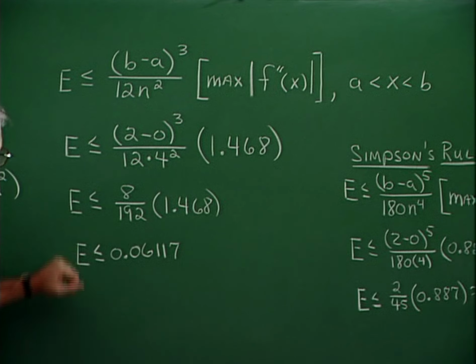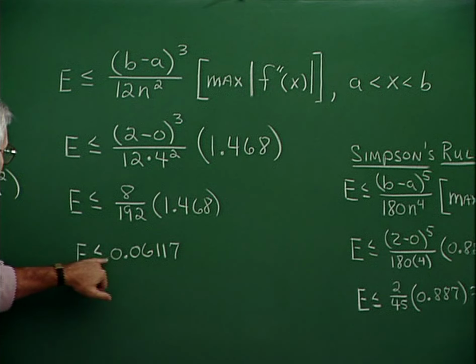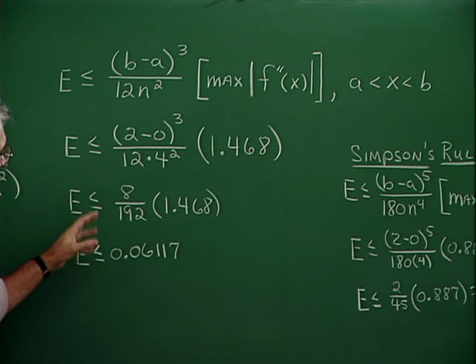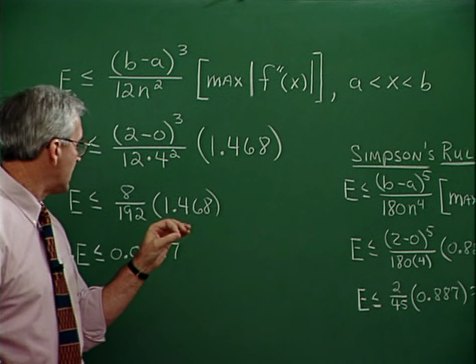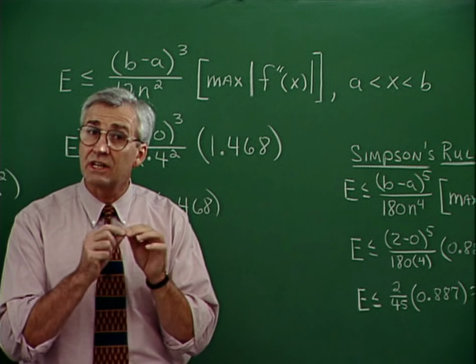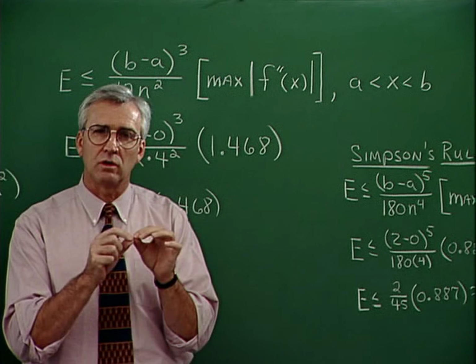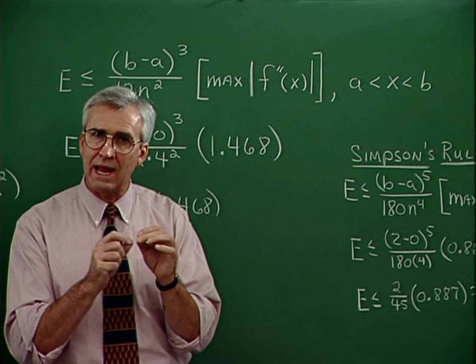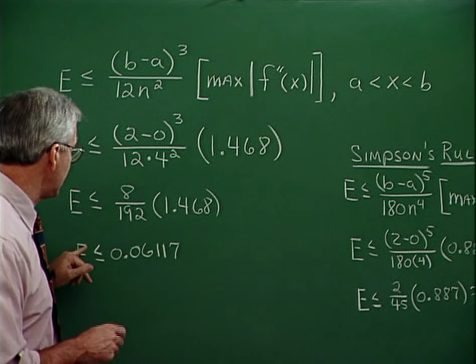And multiplying here, we find the maximum error is less than or equal to 0.06117. Now we found the value, I think, to be 4/100ths different from the actual definite integral here. So we're certainly within that range of error for this calculation.